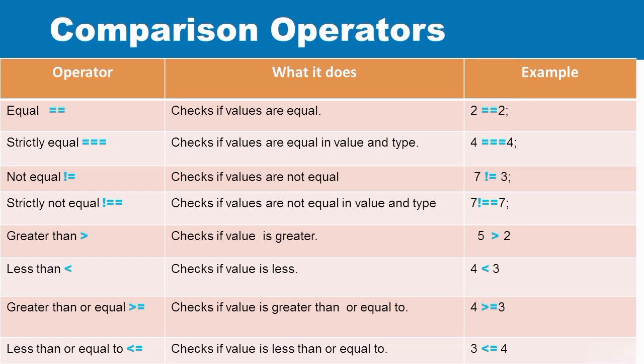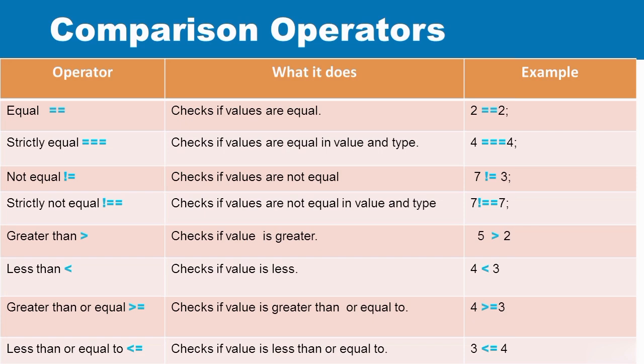You can also use the greater than or equal to, which is represented by the greater than sign and the equals sign. It checks if the value is greater than or equal to. The less than or equal to is represented by the less than symbol and the equals sign. This checks if the value is less than or equal to.